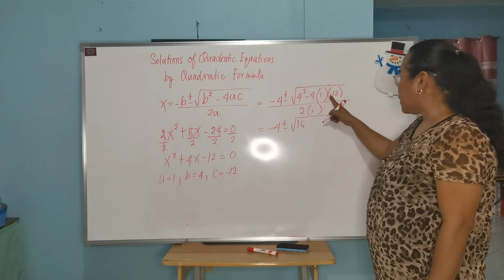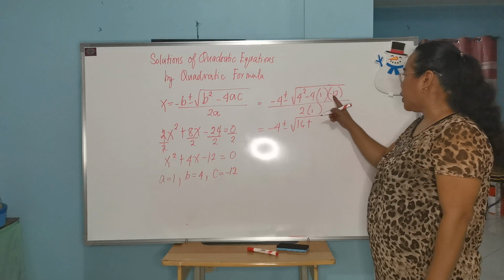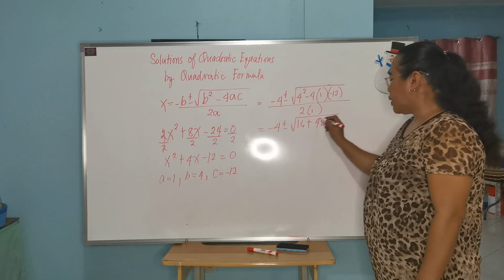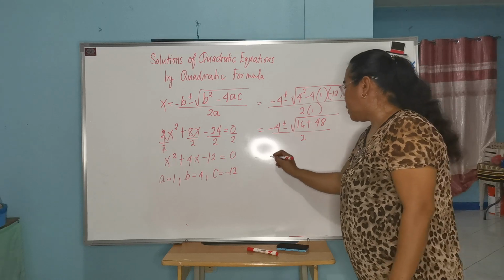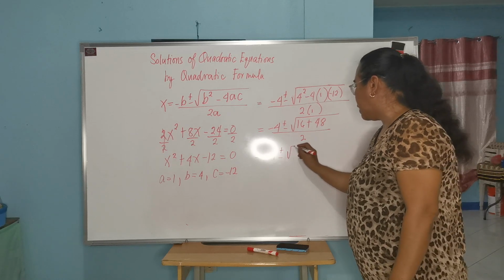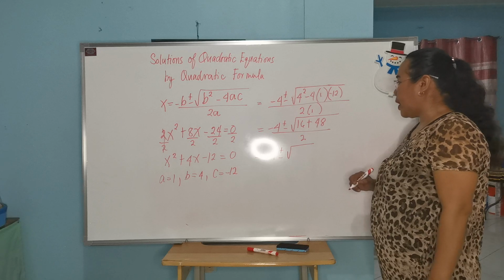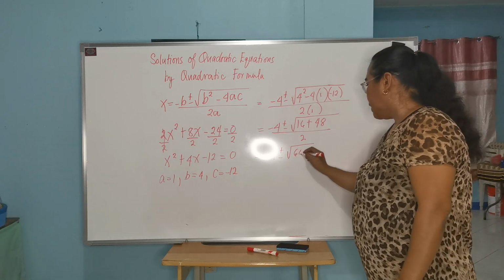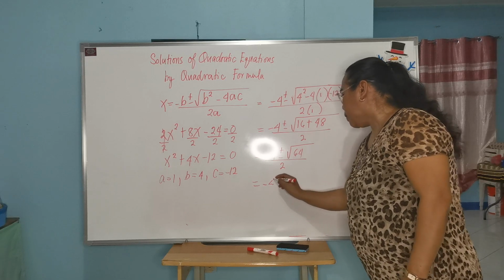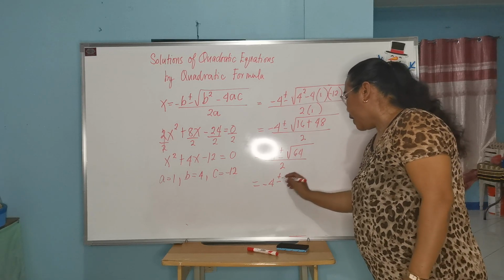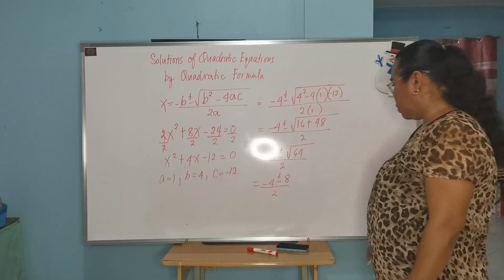Negative times negative is positive. And what is 4 times 12? That is 48, over 2. So our x would be negative 4 plus minus, if we add 16 plus 48, it would give us a sum of 64, over 2. And what is the square root of 64? It is 8. So divide by 2.